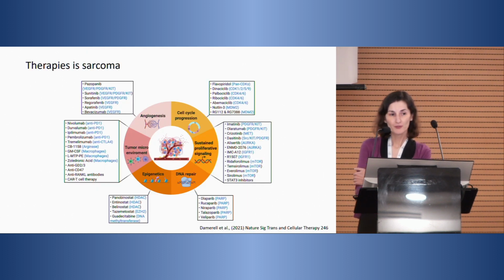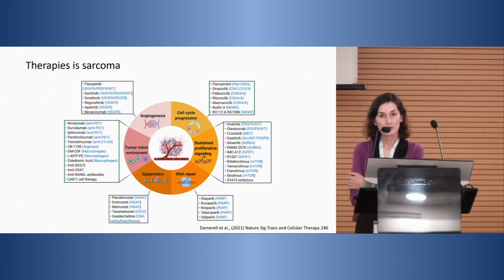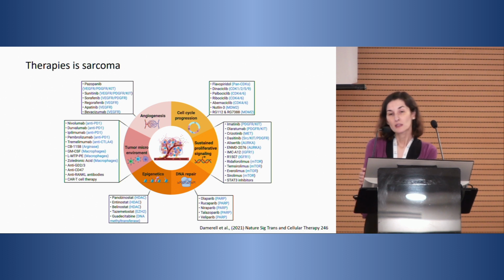So in terms of therapies for sarcoma, this summarizes a lot of the treatments that we have available for different types of sarcoma. As you can see, the different drugs target different pathways that lead to the development of sarcomas.